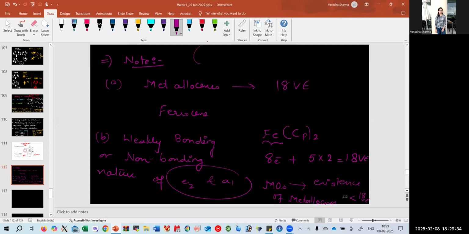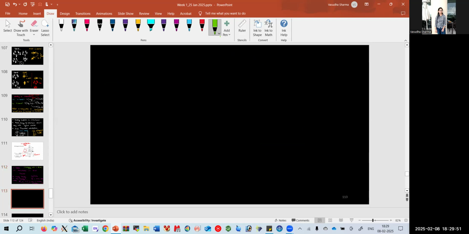That means metallocenes with less than 18 valence electrons exist because of the non-bonding or less bonding nature of your E2 and E1.